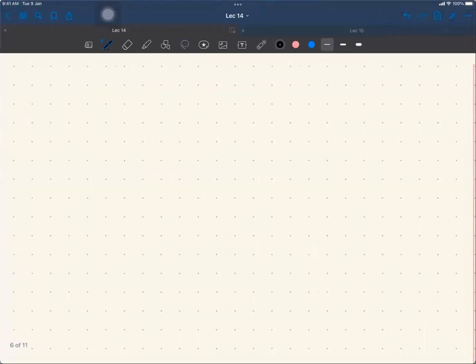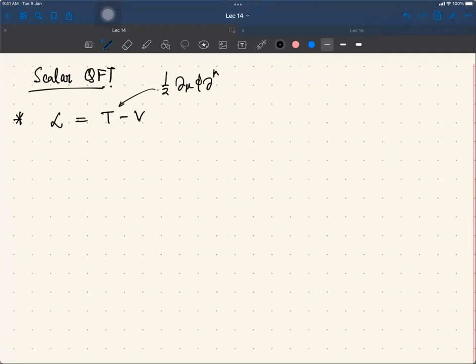Okay, so what we have been looking at is scalar quantum field theories, scalar QFT, where one starts with a Lagrangian density, which is given by T minus V, where T has the del mu phi term, and V is a potential, which is a particular power law.